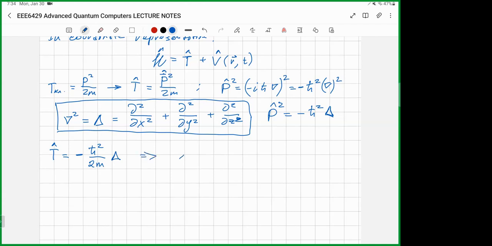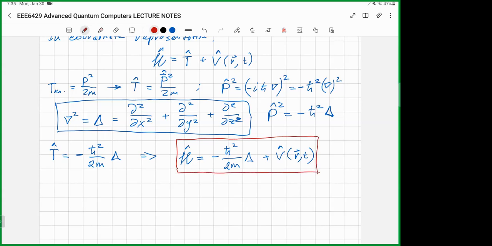And finally, we find this Hamiltonian in the coordinate representation, which is minus ħ squared over 2m Laplacian plus this operator for the potential energy in the system.